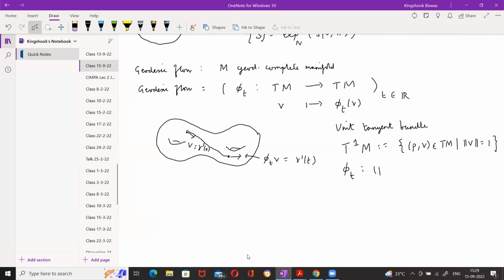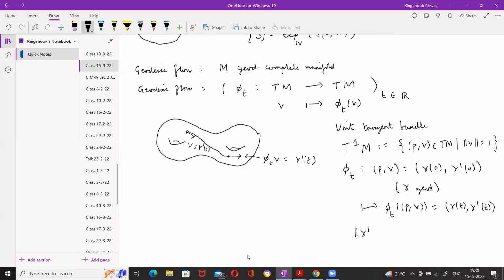It takes (p, v), which I write as the initial conditions of a geodesic, gamma(0), gamma'(0), and this maps to phi_t of (p, v), which is gamma(t), gamma'(t). So the norm of gamma'(t) is equal to the norm of gamma'(0), which is equal to 1 if (p, v) belongs to T^1 M, the unit tangent bundle.